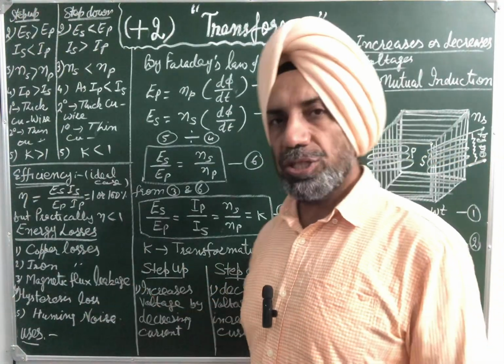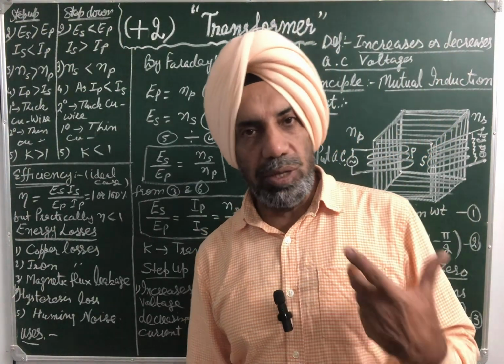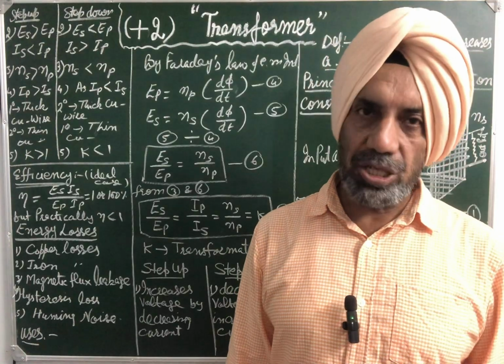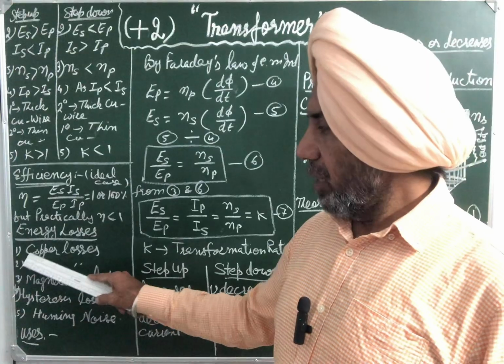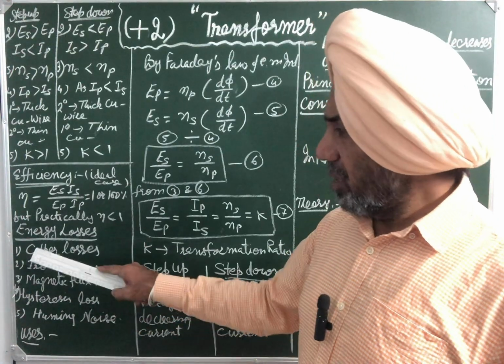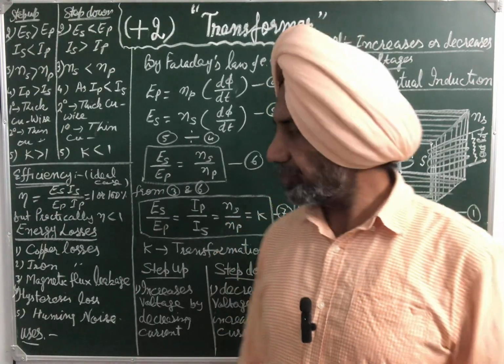Number 1, copper loss. Because copper has some resistance, due to Joule heating some heat is lost, so that is called copper loss. This copper loss can be minimized by using thick copper wire up to a certain extent.